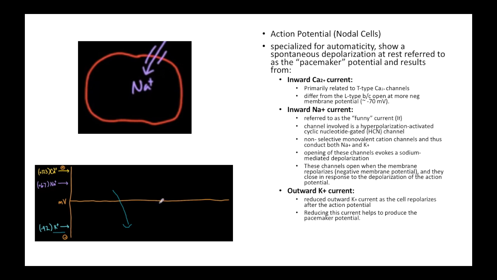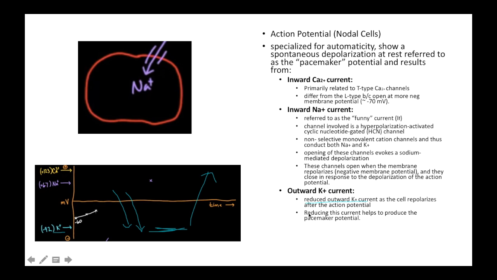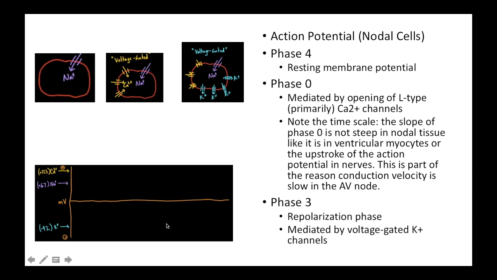We rely less on this potassium, so you have a reduced current as we're coming back down to where it used to be, which helps produce the potential for the next action potential to occur. And just so you can see it here before I explain it again, when I'm talking about the funny current, I'm talking about this guy right here.